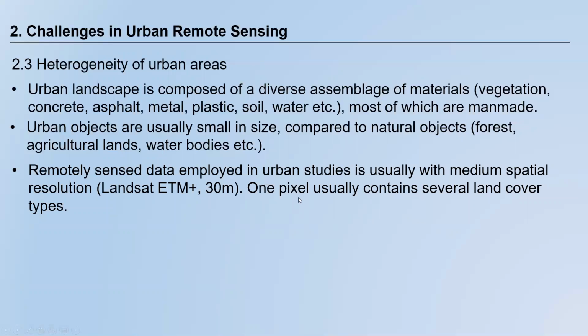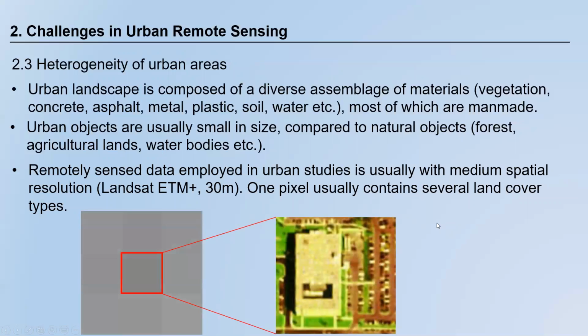Within each pixel, one pixel usually contains several land cover types. Let's just use this example again. So how to address it? I mean, you can say, okay, this pixel is urban if your application does not require more. If the accuracy requirement is not that high, you can simply say, okay, urban, that's good enough.